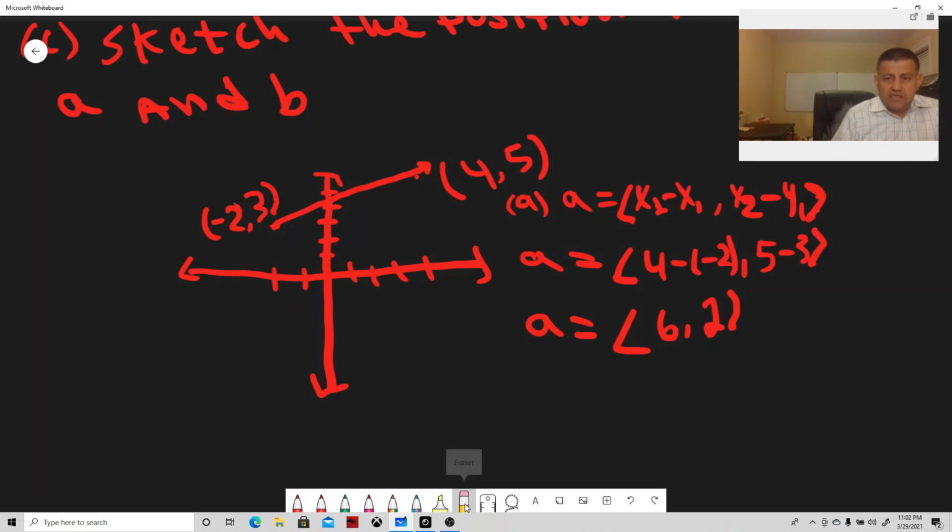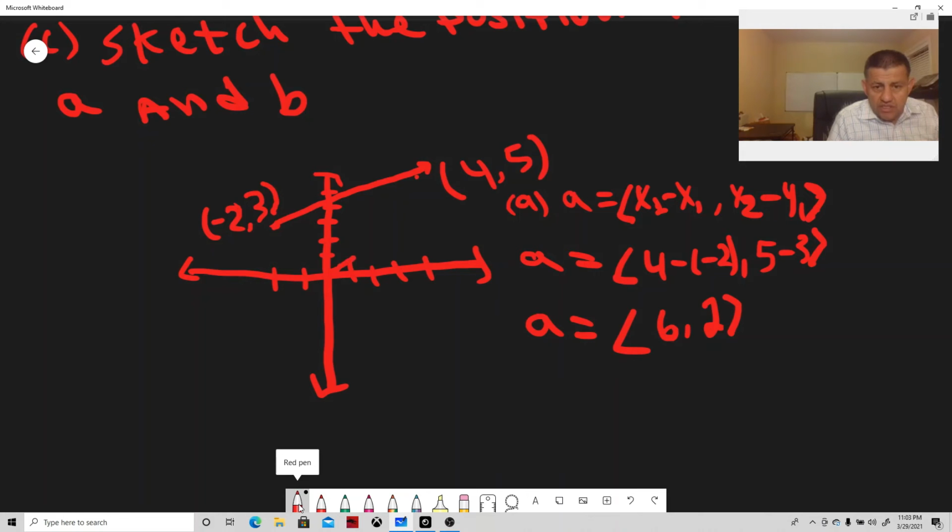Okay, so we did part A, sorry, that is part of part B. So basically I'm sketching this from the origin, and I'm going like this.